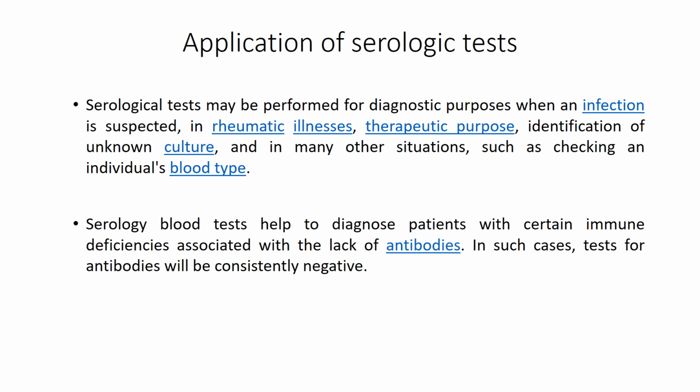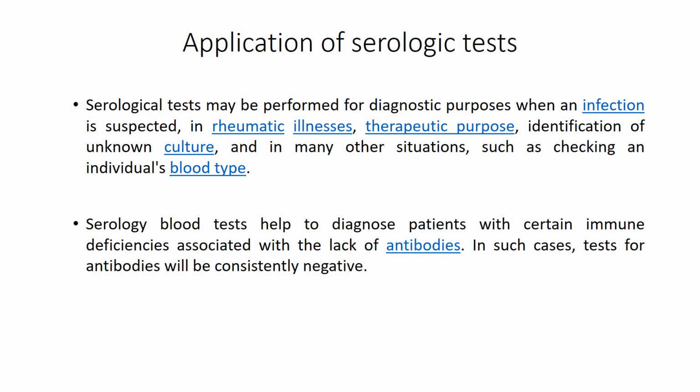When serological tests are performed, they are used to look for whether there is an infection or whether there is any autoimmune disease or hypersensitivity disease like rheumatoid arthritis and things like that.